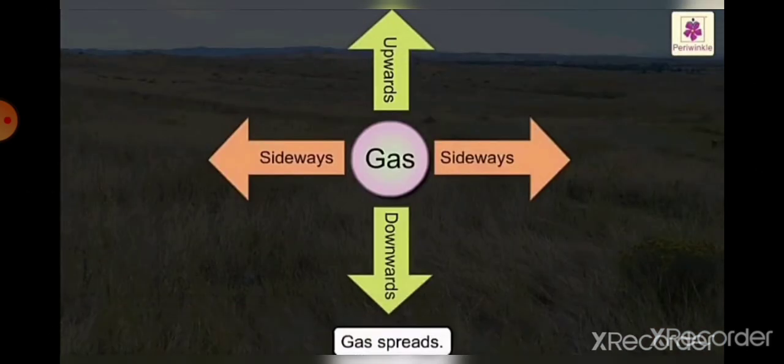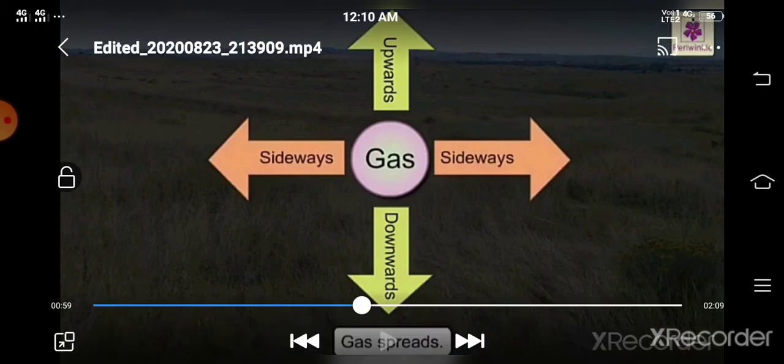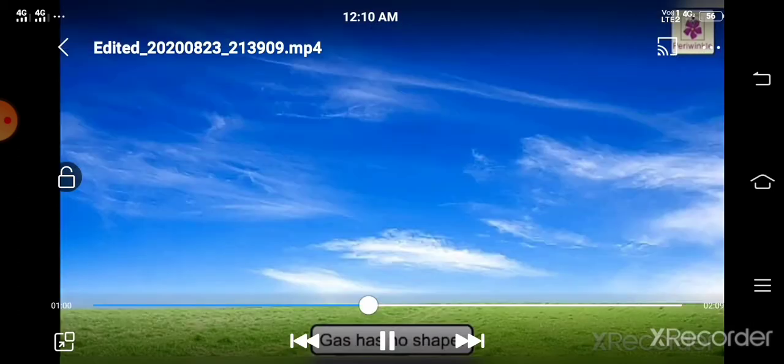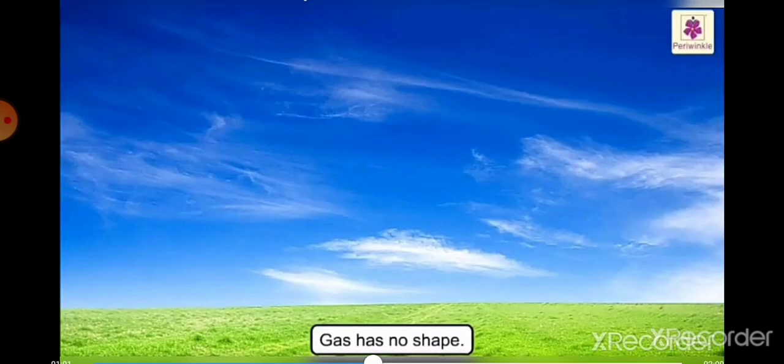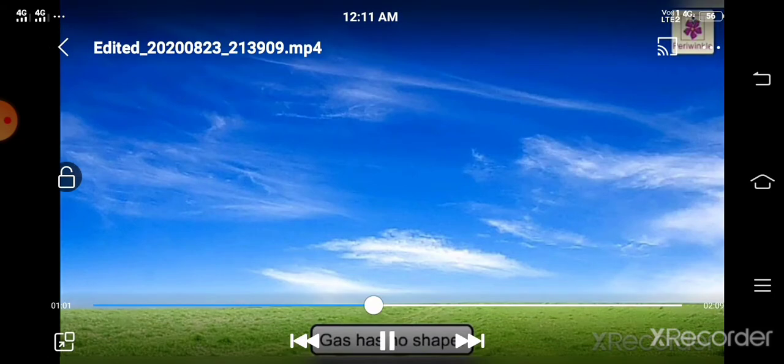Gas spreads. When something is burned, you can smell it, but you cannot see it. Gas has no shape. Can you see the air? No, we cannot.